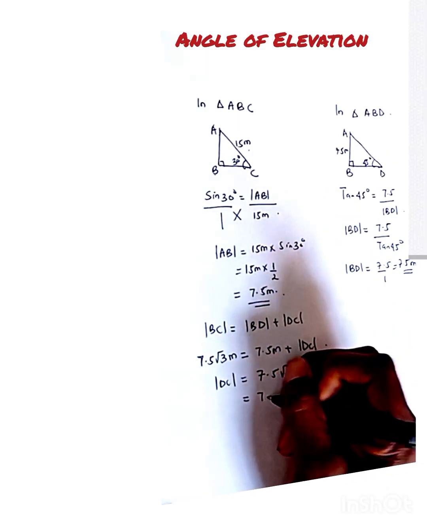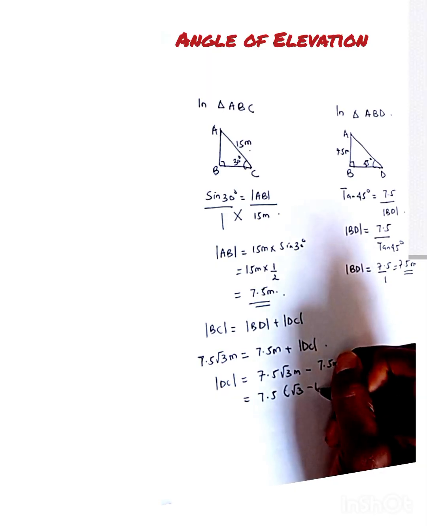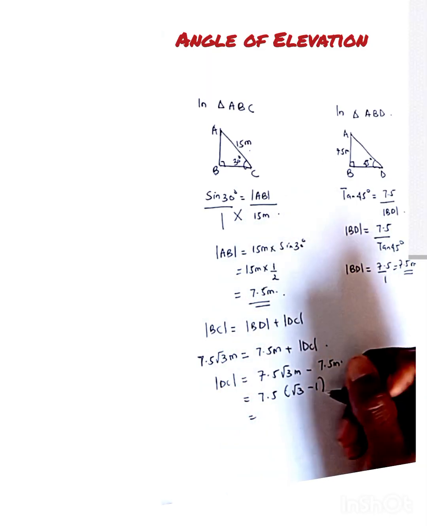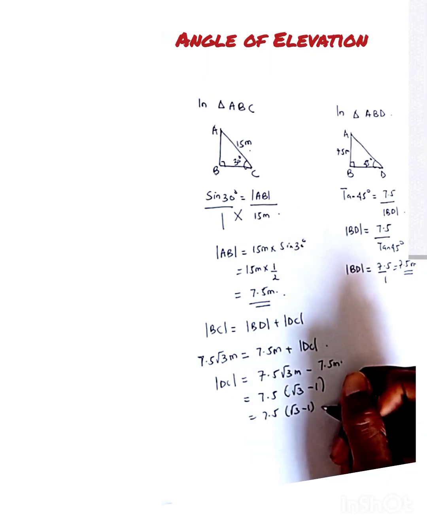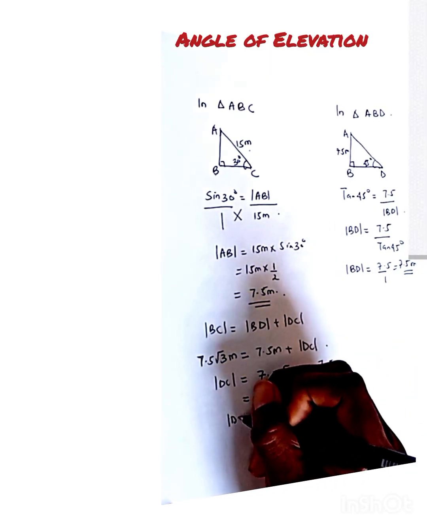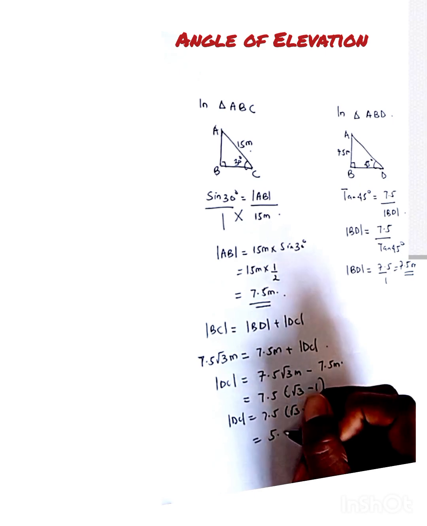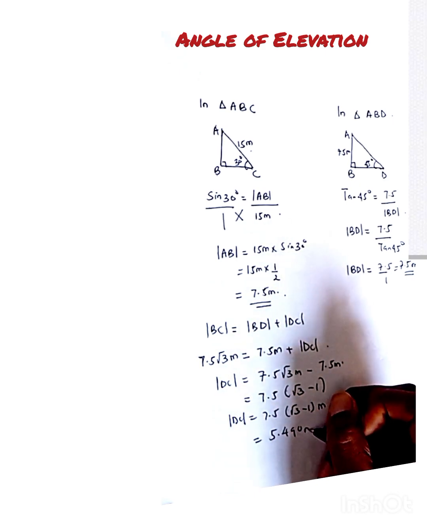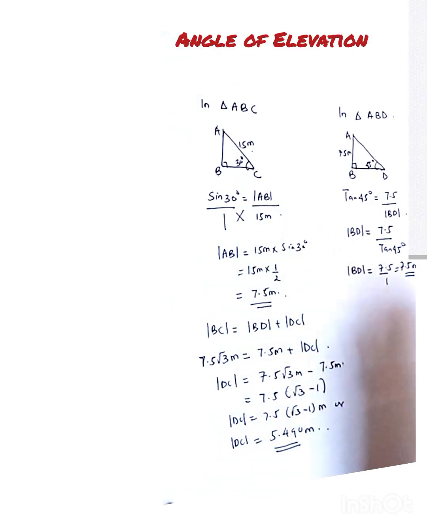As a common factor, 7.5, we have root 3 minus 1, which is 7.5 root 3 minus 1 meter as the value of line DC, or this becomes 5.490 meter, which is the value of line DC. Alright.